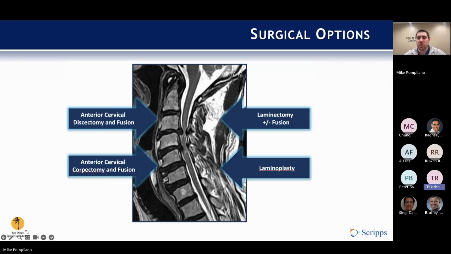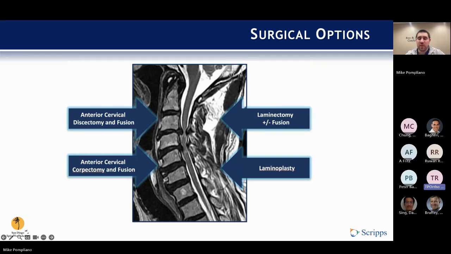The posterior surgical options were, again, historically utilized for multi-level disease, especially in cases of congenital stenosis, but also older patients with advanced spondylosis and certain cases of OPLL. This relies on decompression through both direct removal if the more dorsal structure is the pathology, or indirectly by allowing spinal cord drift back.